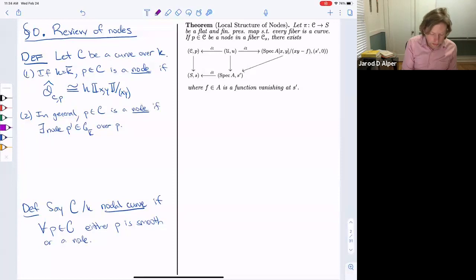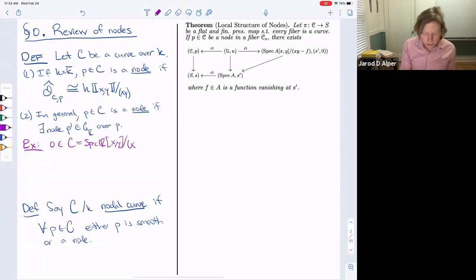So maybe an example of why you need to consider these two cases is that if you take C as a curve over the real numbers, and you mod out by x squared plus y squared, this is irreducible over R, but not over C, and so it's a node.